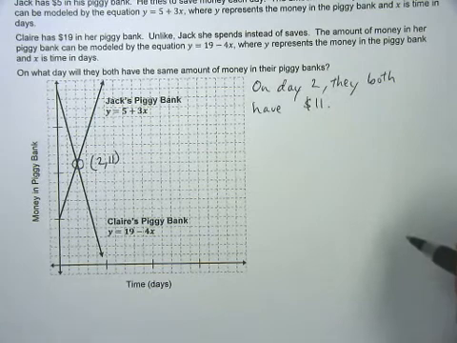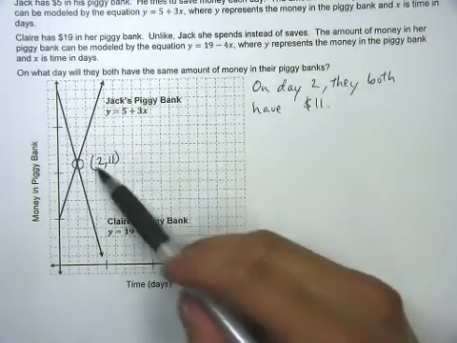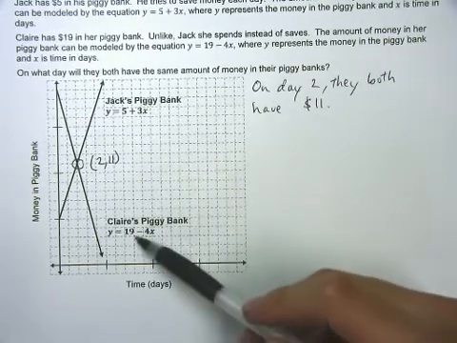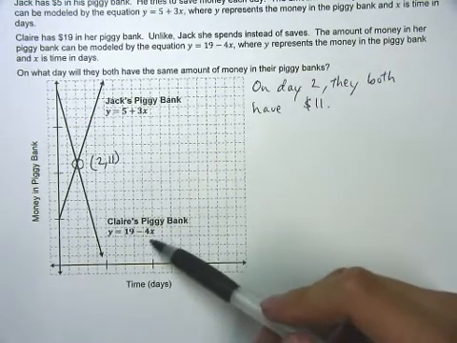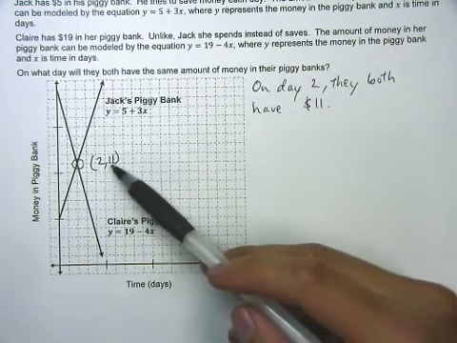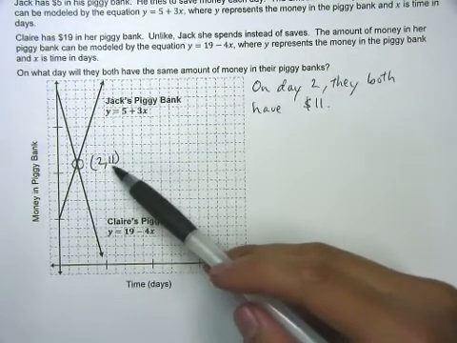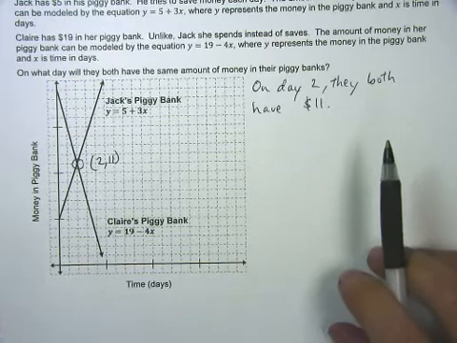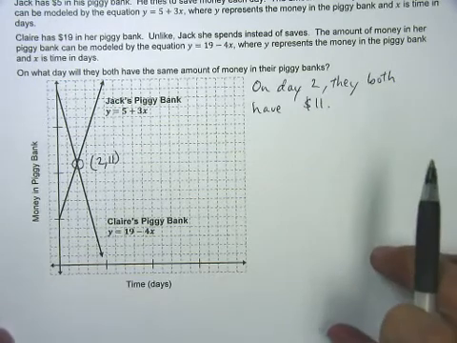We've done this type of problem in class. This is the one place where the x and y for Jack are exactly the same as the x and y for Claire. This point right here, 2, 11. Day 2, they both have $11. So that's using a graph. Well, let's talk about how we can do this problem another way.